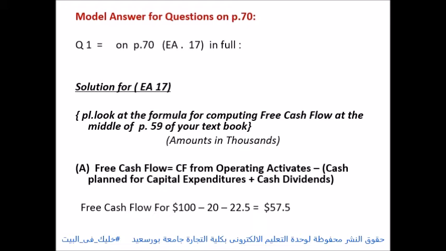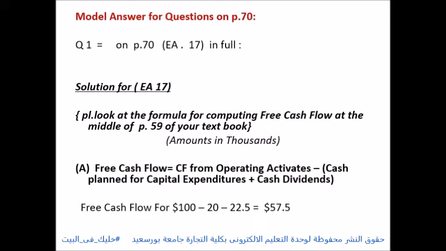Model answer for questions on page number 70. Question 1, EA 17. Solution for EA 17. Please look at the formula for computing free cash flow, middle of page 59 of your textbook.